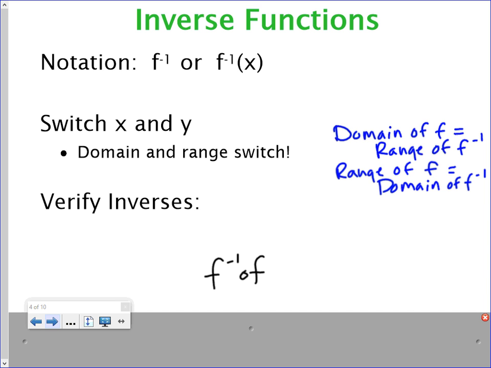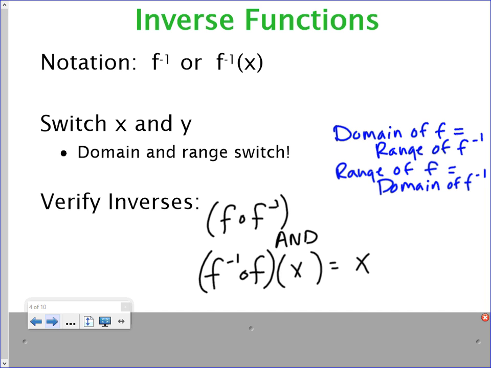And what's supposed to happen? It equals x. At the same time, what else must be true? The opposite. f of f inverse of x must also equal x. Okay.